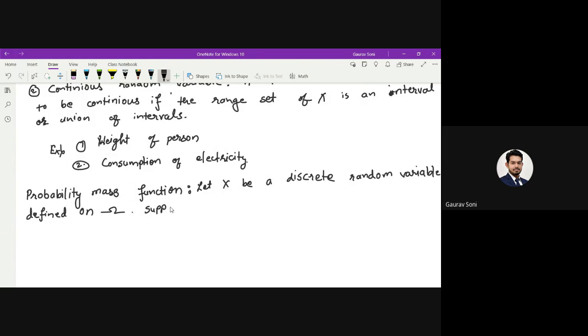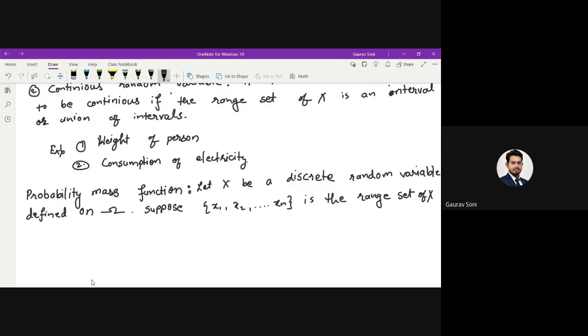Suppose the set x1, x2 up to xn is the range set of x.